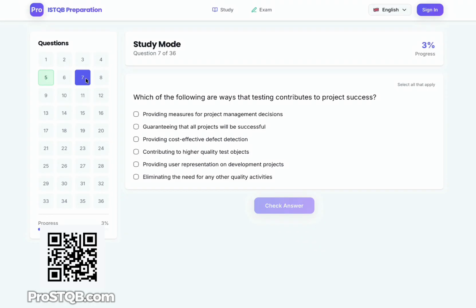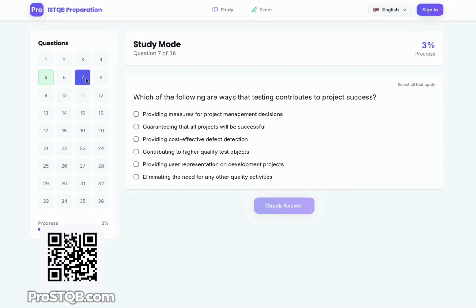Also correct. Option E. Providing user representation on development projects. Yes, real users often cannot participate throughout the entire project. Testers help represent the user's perspective during development. Correct. Option F. Eliminating the need for any other quality activities.